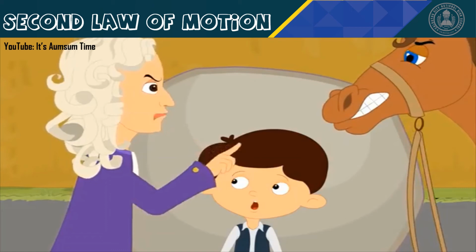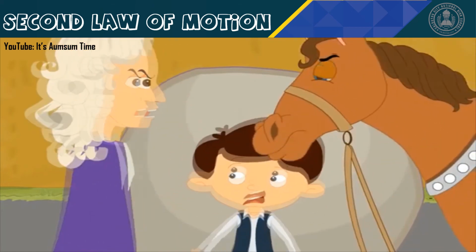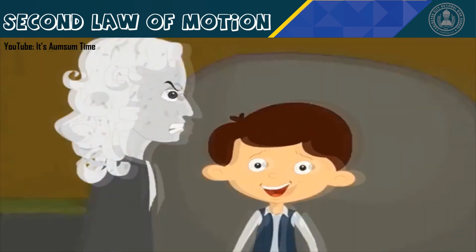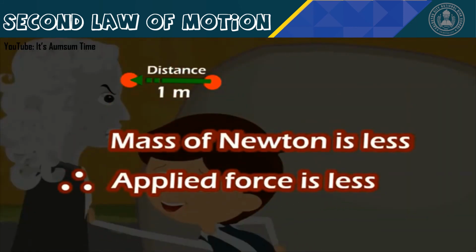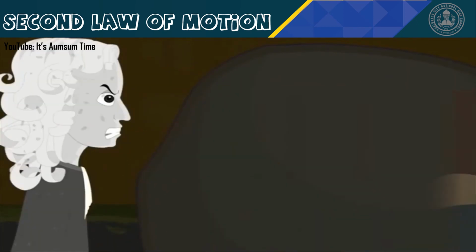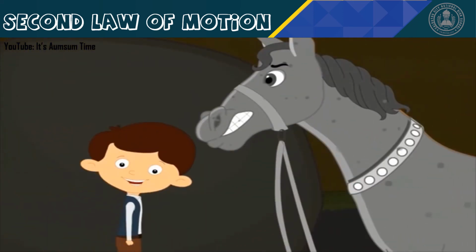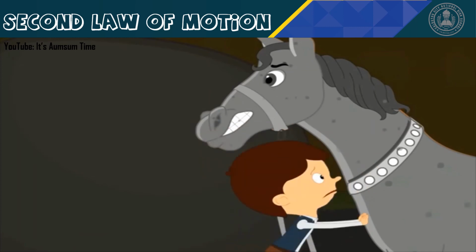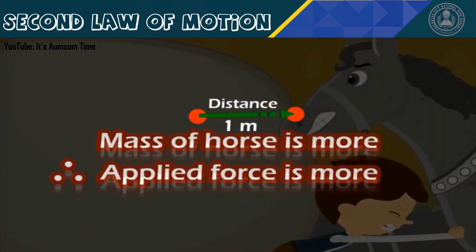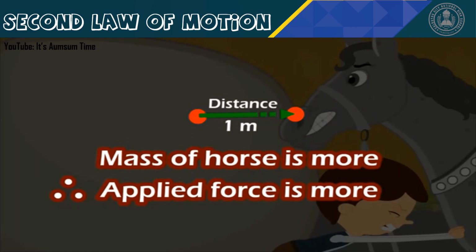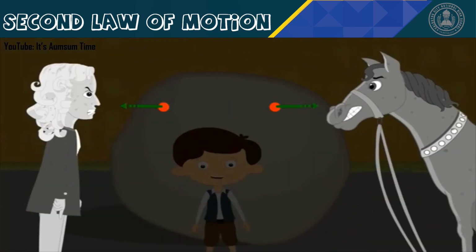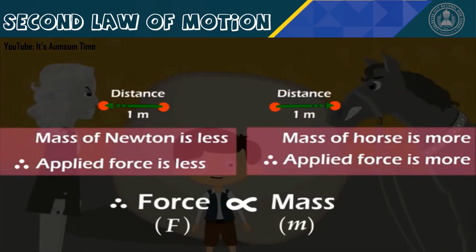Let's have another video. In this video, you see the child easily pushed Newton because of his less mass, applying less force compared to the horse, which has more mass, applying more force.